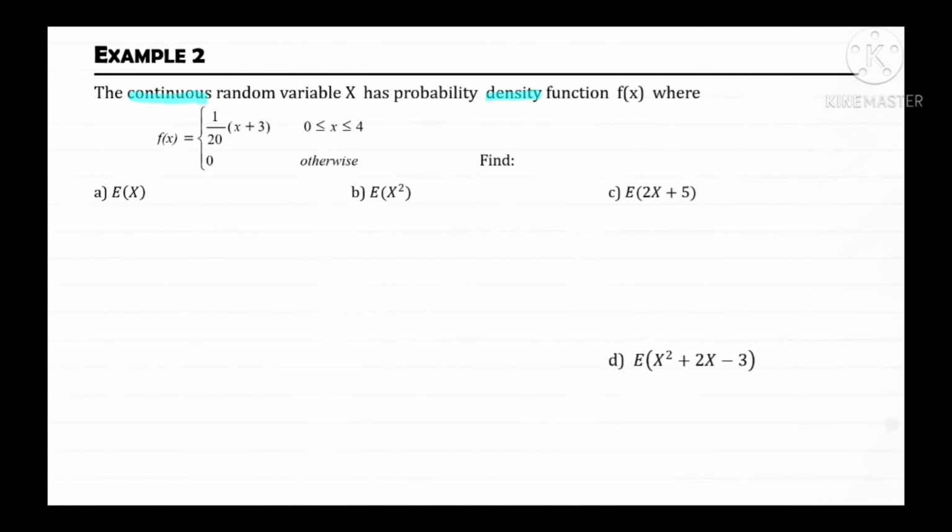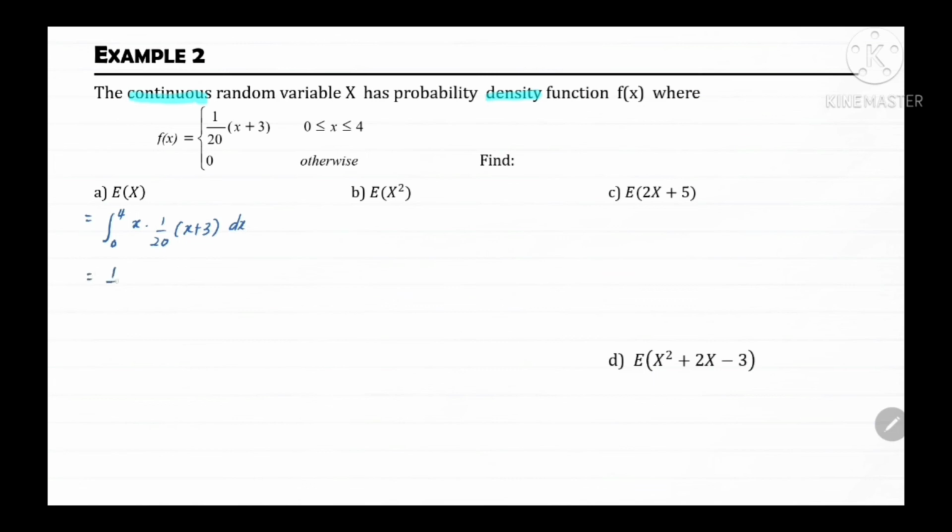Find expectation of x. Expectation of x is the integral of x times f(x), equal to the integral from 0 to 4 of x times 1 over 20 (x plus 3) dx.